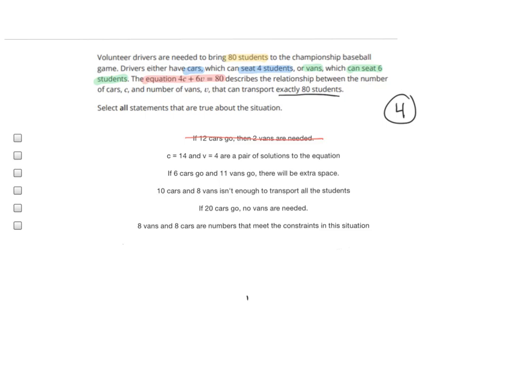So let's test the next one. Again, we use 4c + 6v = 80. We know that C is cars and V is vans. This time C is 14 and V is 4. All right, so we're going to test it. If we have 14 cars and 4 vans, do we get 80?